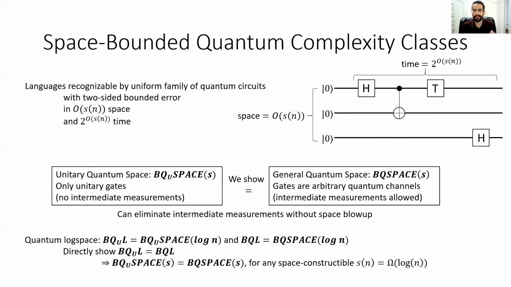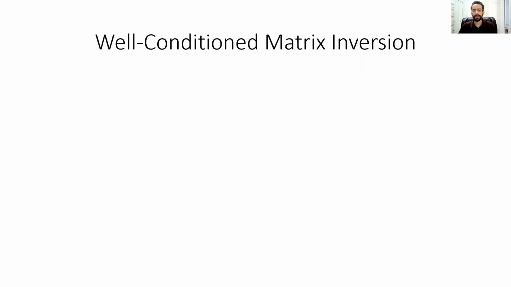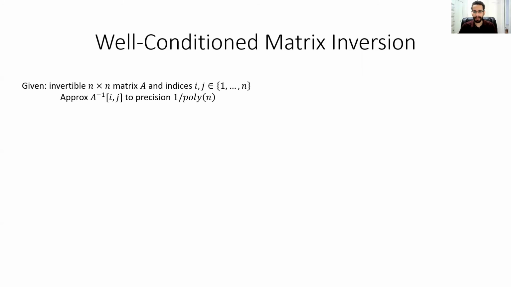Now we can start delving into the details of our result, beginning with the matrix inversion problem. Here, we're given an n by n matrix A and a pair of indices i and j. The goal is to approximate the ij entry of A inverse to inverse polynomial precision. How hard is this problem?